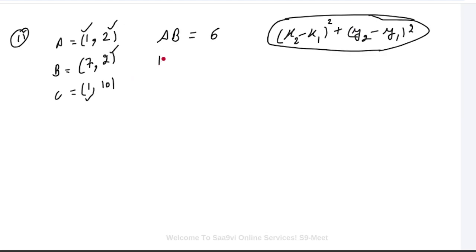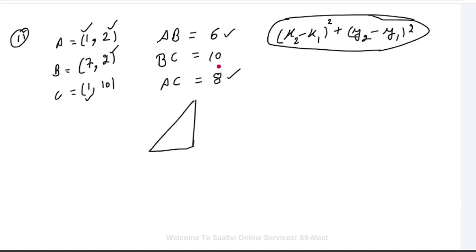The same way for BC, we get 7 minus 1, 6 square, 36, 10 minus 2, 8 square, 64. 36 and 64 is 100, 10 square. So BC should be 10. And AC is 10 minus 2, 8 square, plus 1 minus 1, 0. That means this makes a Pythagoras theorem.